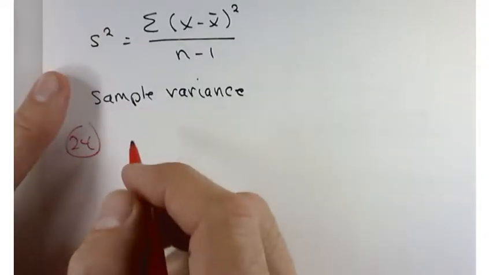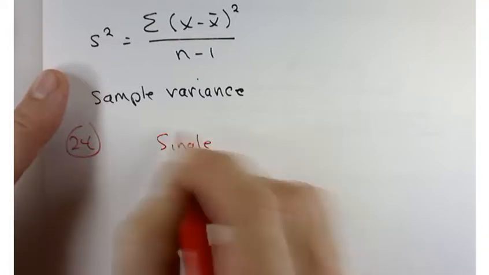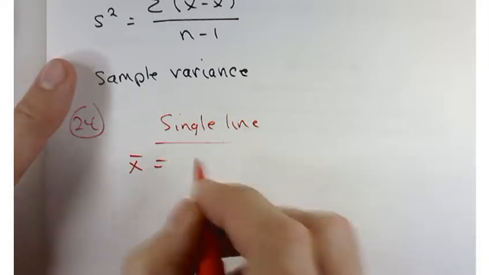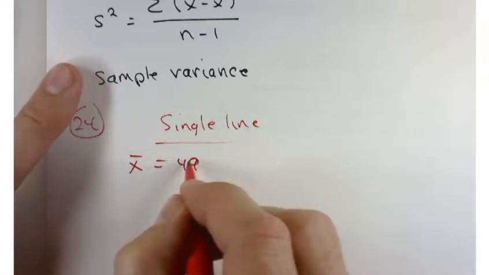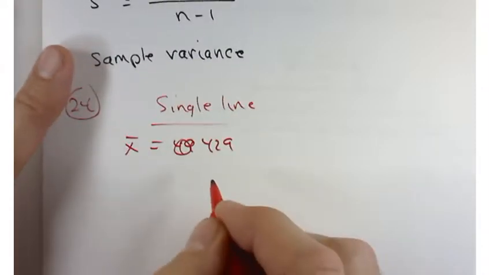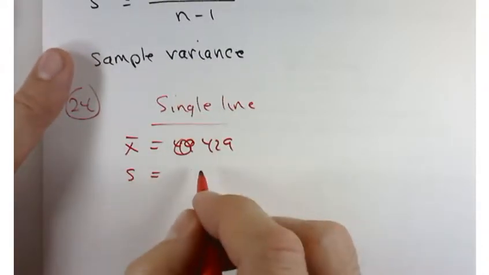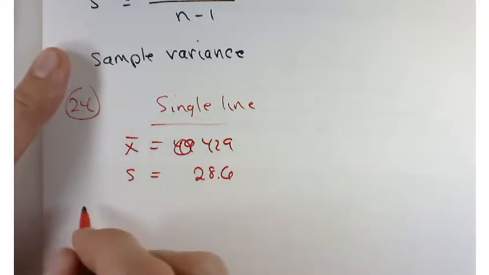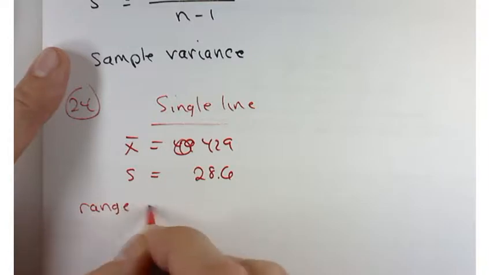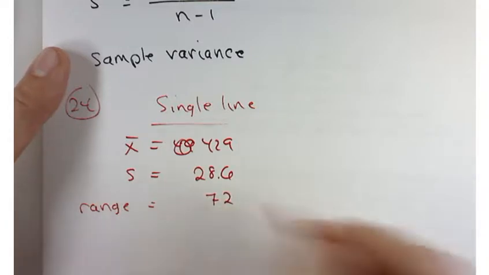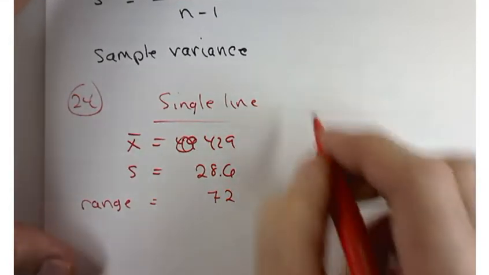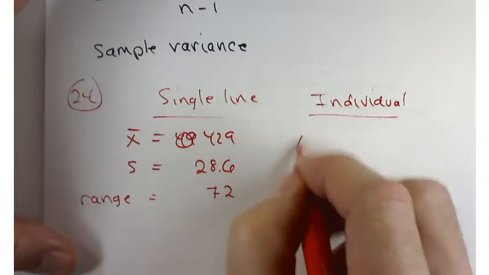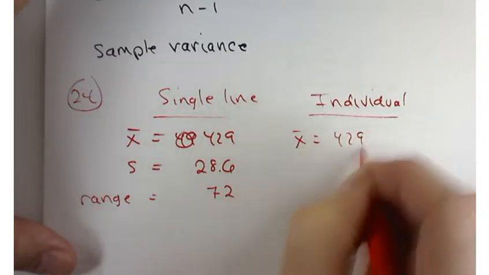All right, so for a single line, customers had to wait an average of 429 seconds, with a standard deviation of 28.6 seconds. You could also look at the range if you wanted to, subtract the top minus bottom. The range of times was 72 seconds. If you're waiting in individual lines, you have the same average, 429 seconds.